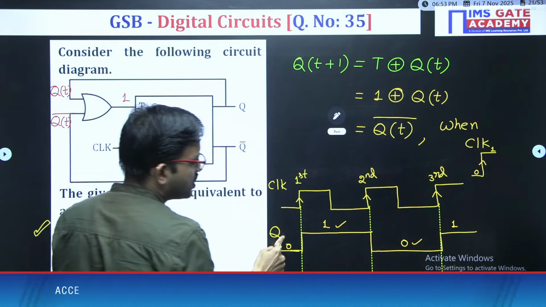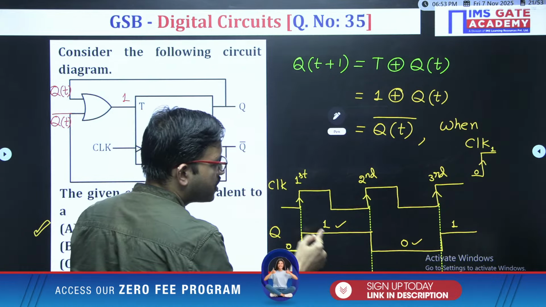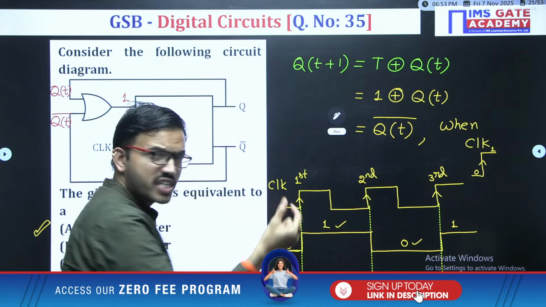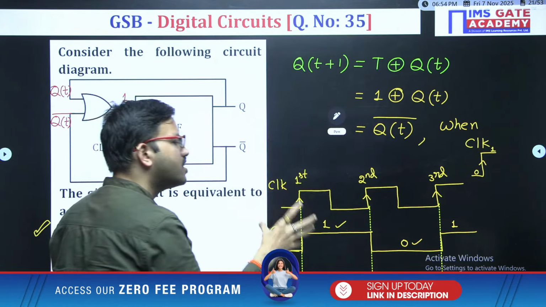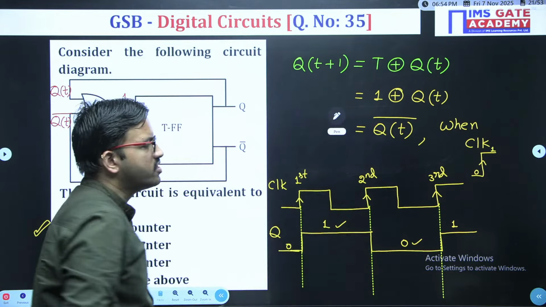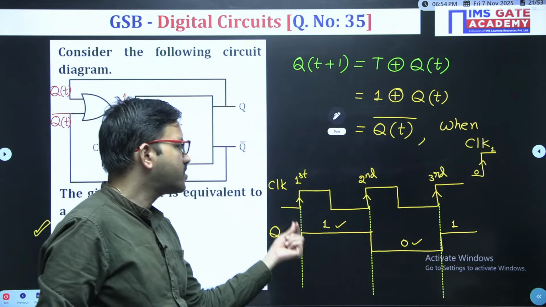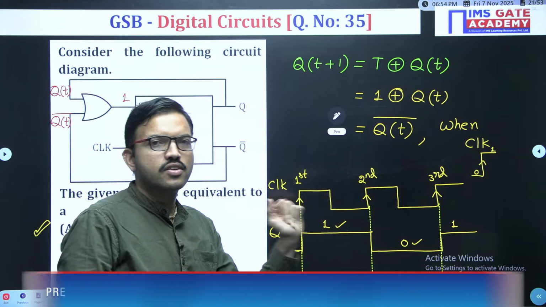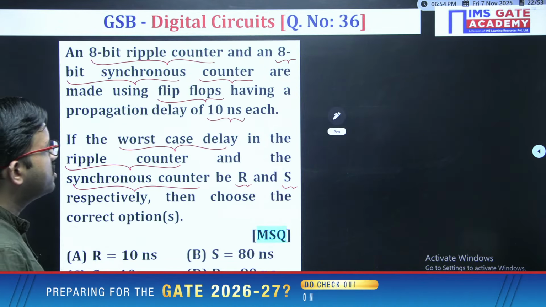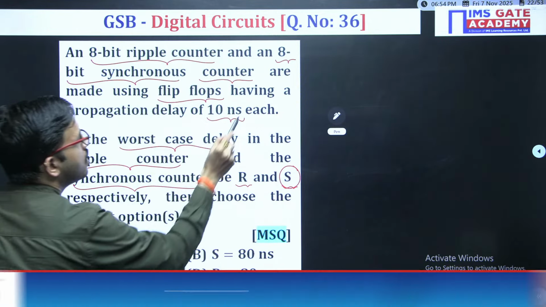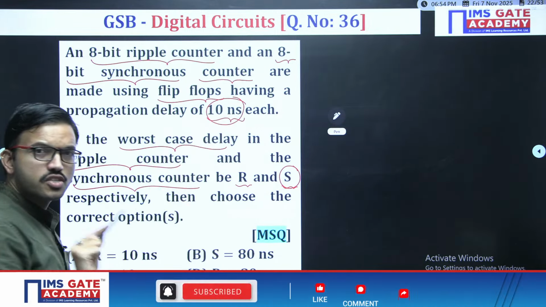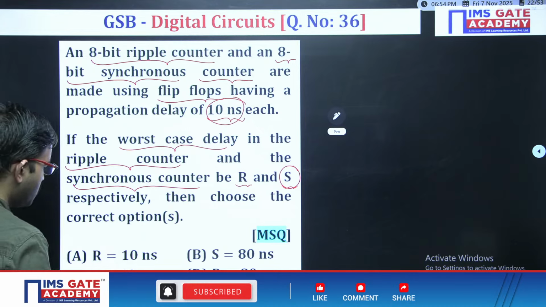Say, for example, the first flip-flop produces its output after 10 nanoseconds. Then the second, third and fourth flip-flops also get updated after the same delay. So with this understanding, the S value is the individual flip-flop delay. That's all. So the S value is 10 nanoseconds.